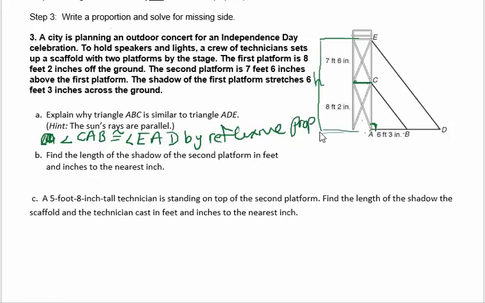But since they're shared, they're the same exact angle, then that's the reflexive property. And angle CBA would be congruent to angle EDA by, these two angles are the same, by the corresponding angles postulate.